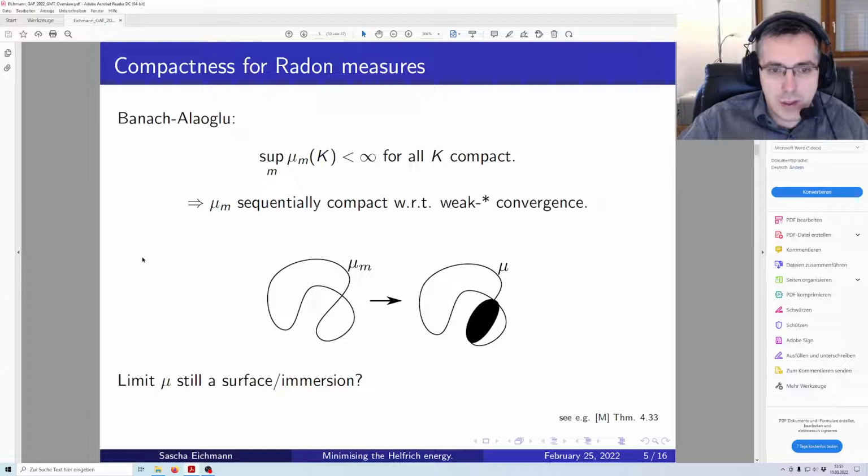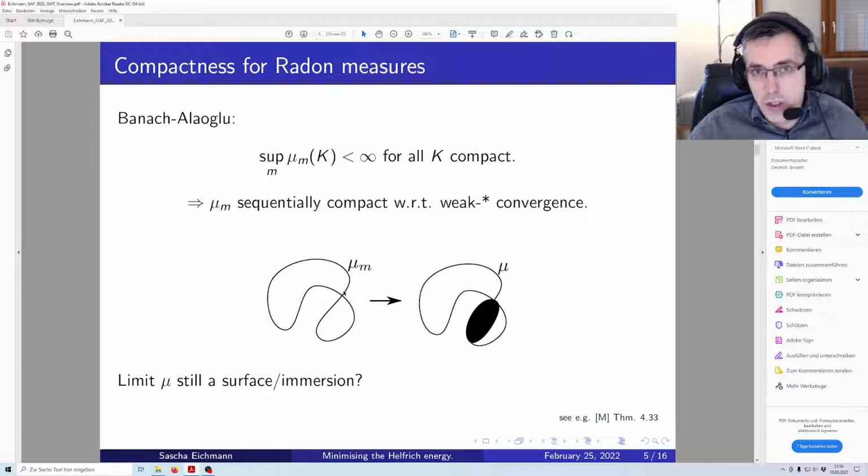But the next problem is: now we have convergence as Radon measures, but is the limit still something which, geometrically speaking, makes sense? I've written down here a little sketch. What may happen, for example, is that in the limit you leave your assigned dimension. So this one-dimensional object here would have a part which is two-dimensional.